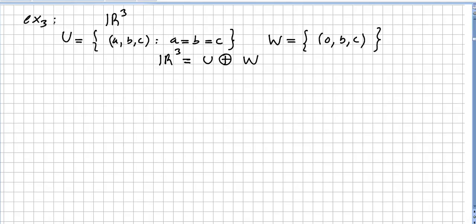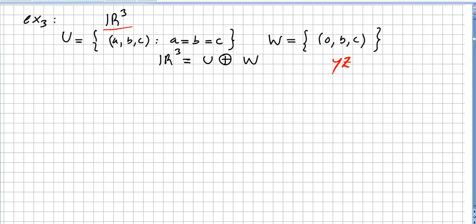Okay, yet another example. We pick the vector space R3, and let us see if R3 can be written as a direct sum of subspaces U and W, where U is the subspace with vectors A, B, and C, where A is equal to B and is equal to C, and W is the vectors 0, B, C. So 0, B, C, this is the YZ plane.